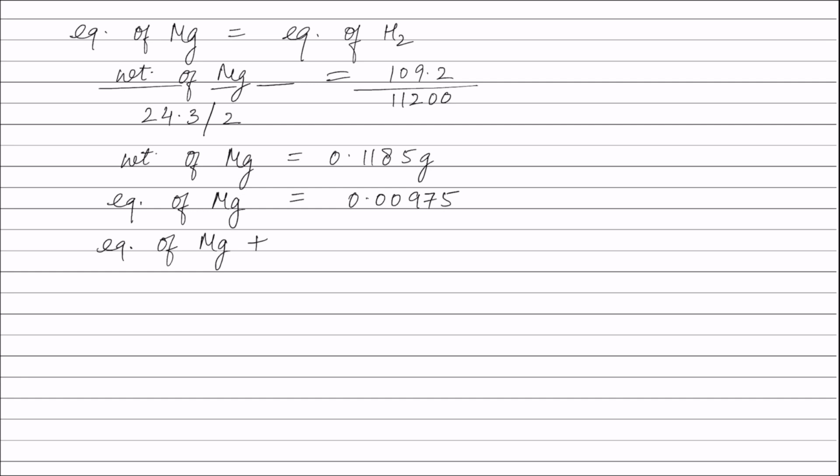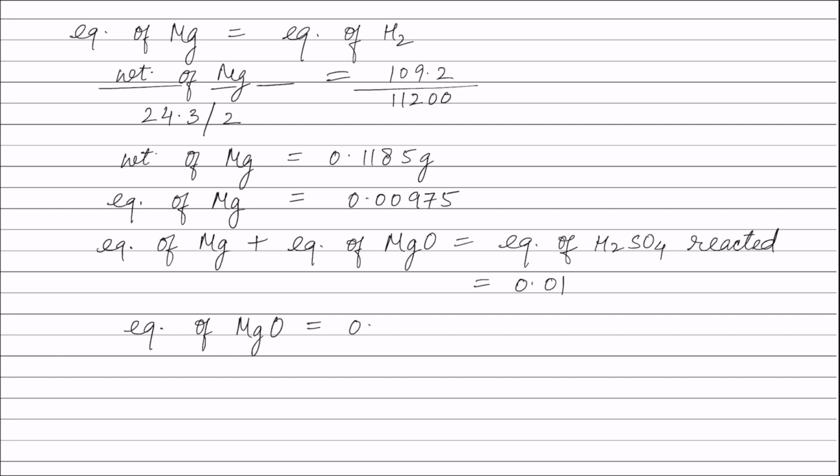Now equivalents of magnesium plus equivalents of magnesium oxide is equal to equivalents of sulfuric acid reacted, and this is equal to 0.01 equivalents. Therefore, from this equation, we get equivalents of magnesium oxide equals 0.01 minus equivalents of magnesium, which is equal to 0.00975, and this is equal to 0.00025 equivalents.